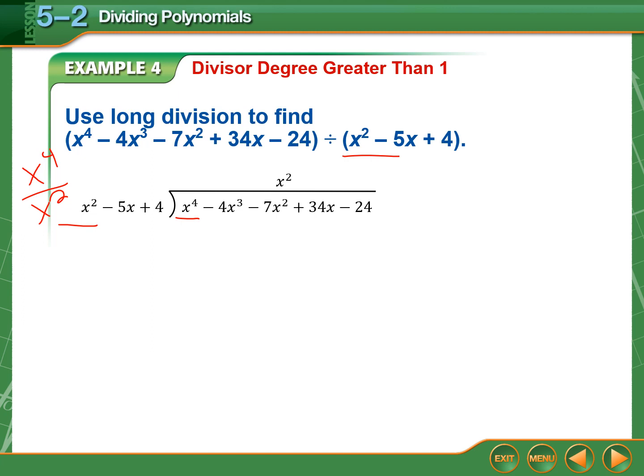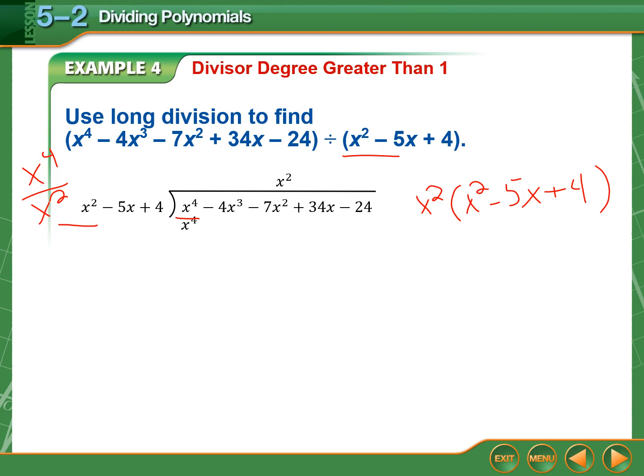All right, now I've figured that out, so I'm going to do multiplication. I'm going to take that x squared and multiply it by x squared minus 5x plus 4, because that is what I'll be subtracting.